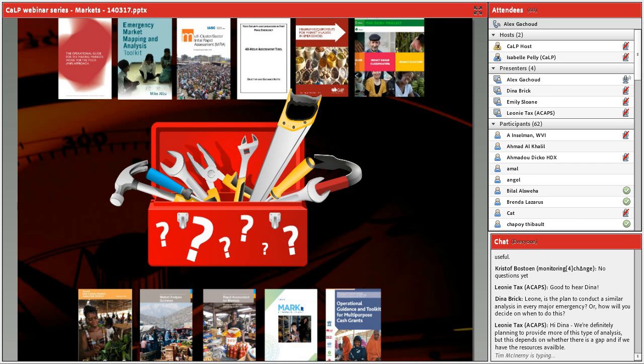And if we go down here, we have the pre-crisis market analysis guidance that was developed last year. We have the two ICRC tools, the RAM, Rapid Assessment for Markets, and the Market Analysis Guidance, MAG. We also consider the market by CRS, and the last one is the Operational Guidance and Toolkit for Multipurpose Cash Grants.